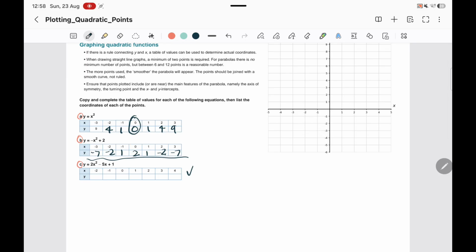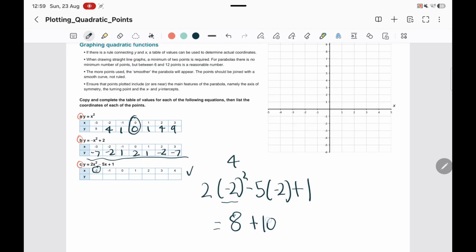This is pretty a disaster, but we can do it. Basically, put -2 into x. So you get 2 times -2 squared minus 5 times -2 plus 1. This is 4 times 2, 8, plus 10 plus 1. So you get 19.